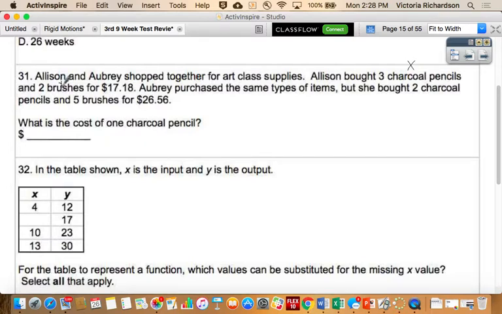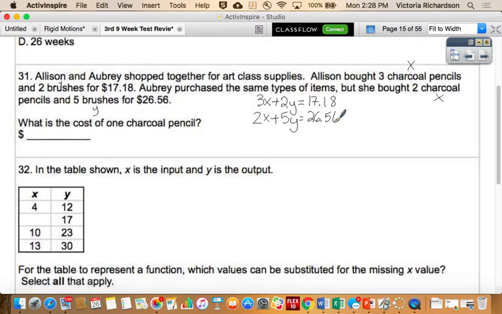So my first equation would be 3x plus 2y equals $17.18. And then the second one, the charcoal pencils is x and the brushes are y, so it would be 2x plus 5y equals $26.56.